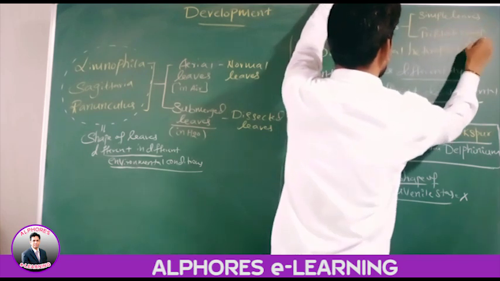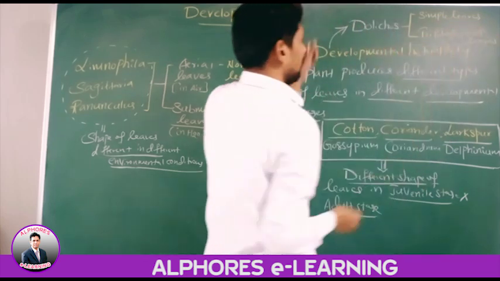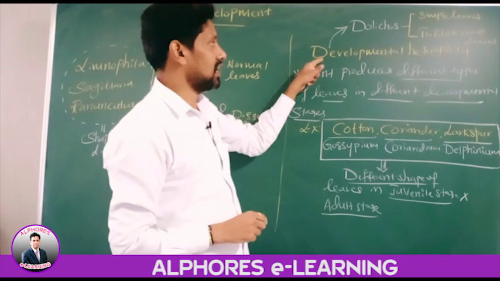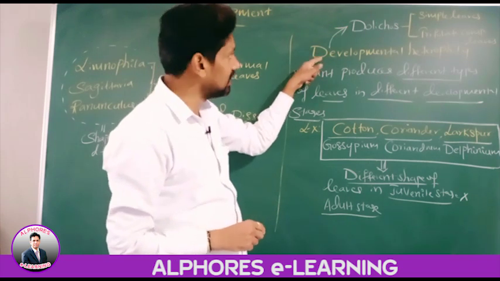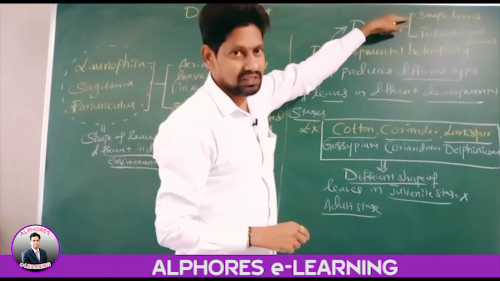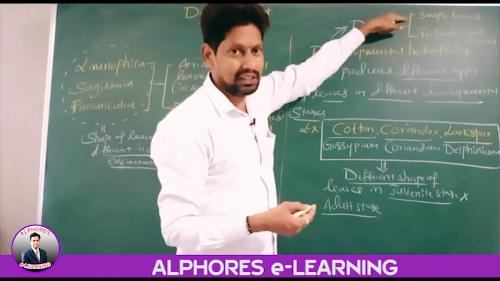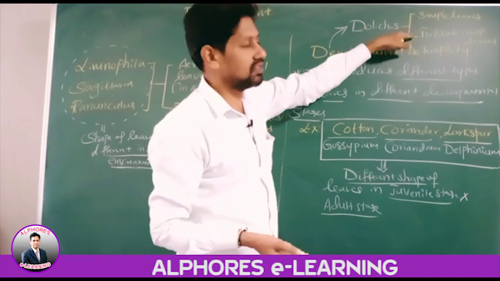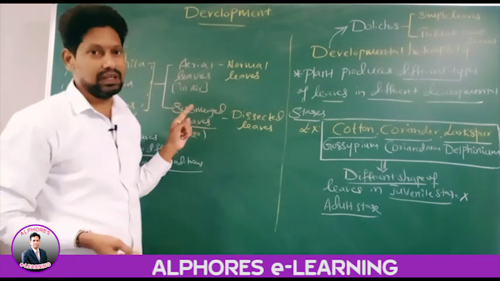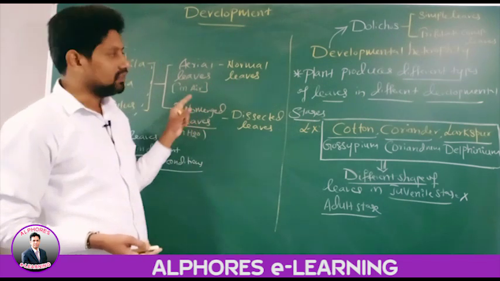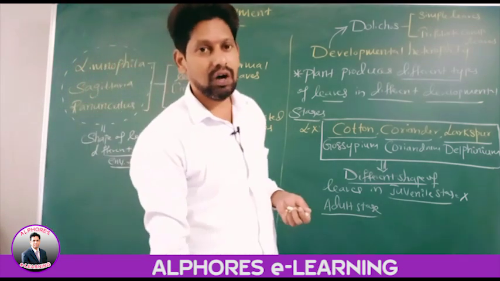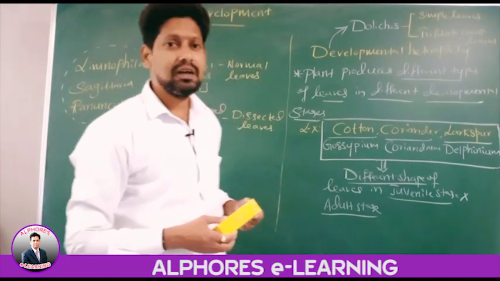Therefore, Dolichos lablab is also an example for developmental heterophily. Initially simple leaves are present, but when the plant becomes adult, in later stages, you are going to see trifoliate compound leaves. Is this statement okay? Right? This is concerned to what? Heterophily. Heterophily is an example for plasticity.